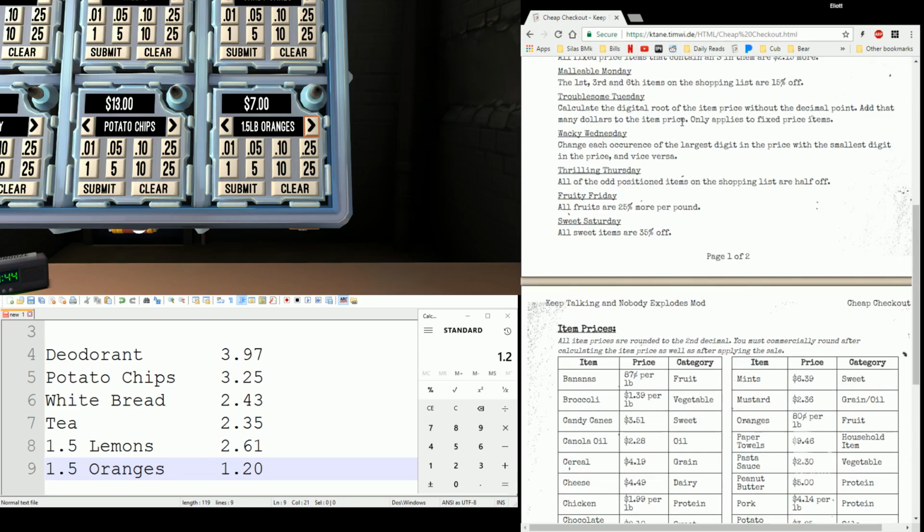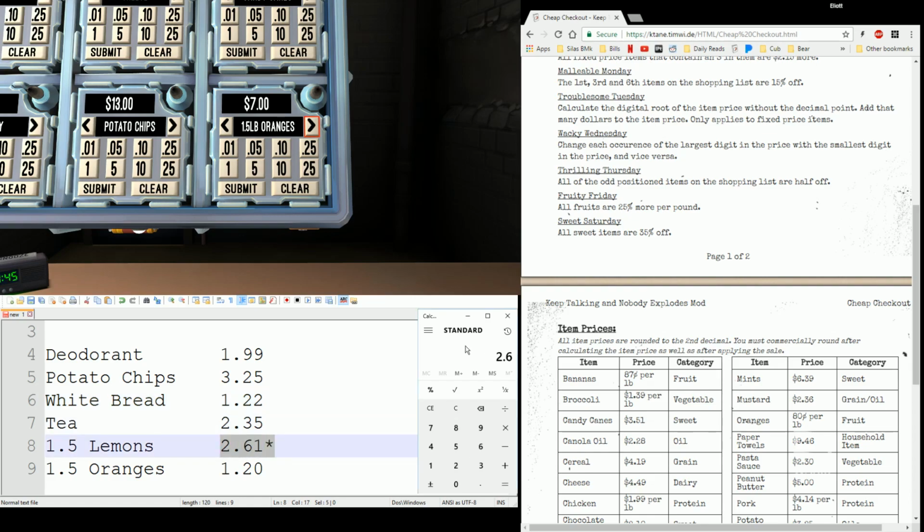Thursday's rule again is odd items are half off. So odd item, odd item, odd item. These are all ending in odd numbers, so they're all going to be half off. The deodorant becomes $1.99. Half off on the white bread becomes $1.22.